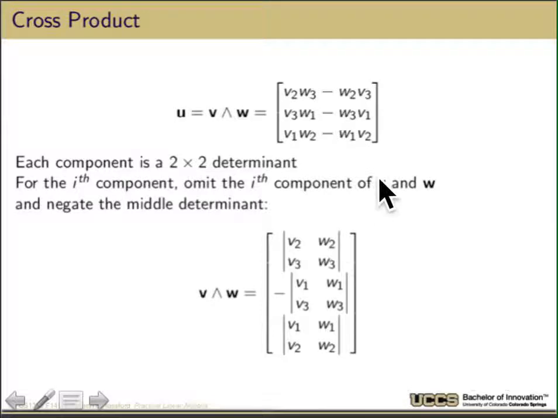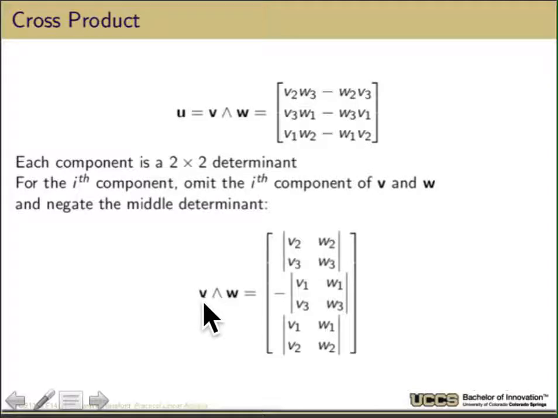So I'm going to show you a couple of ways of thinking about how to do this. We already showed you the algebraic formulation of this. One way of thinking about this is that each component is actually computed by doing a 2x2 determinant. For the ith component, you omit the ith component of V and W and negate the middle determinant.